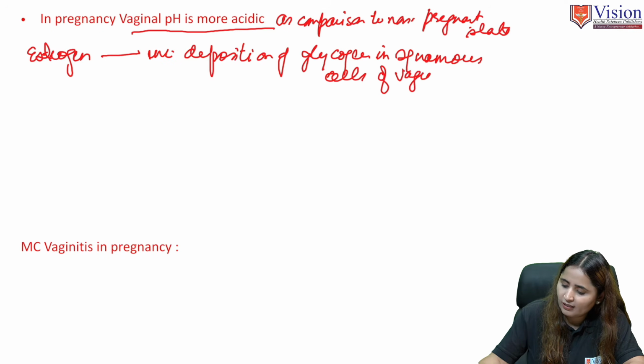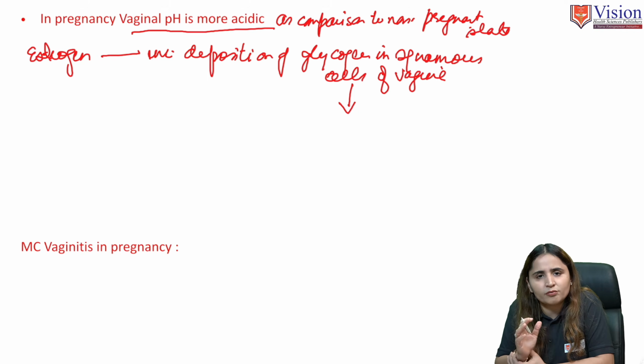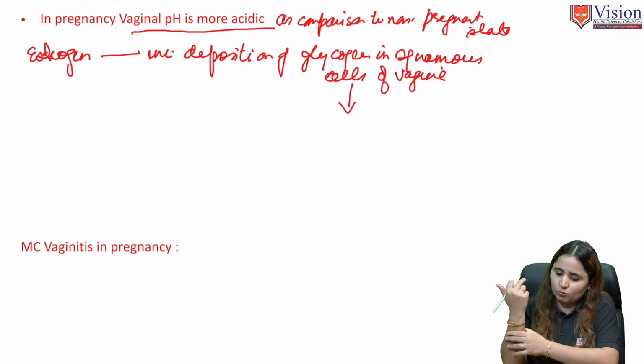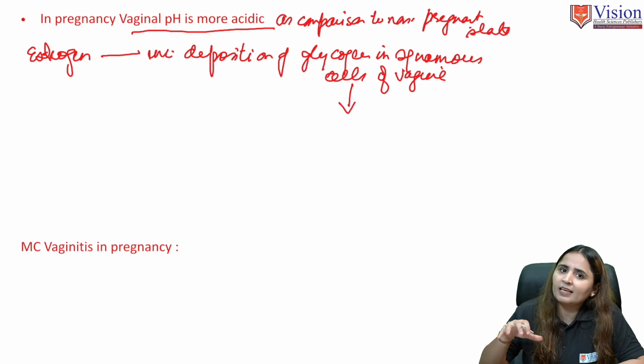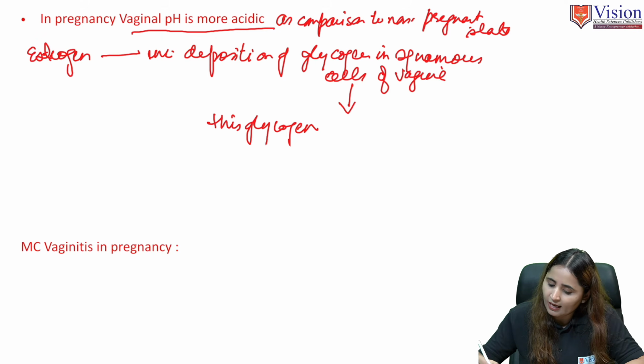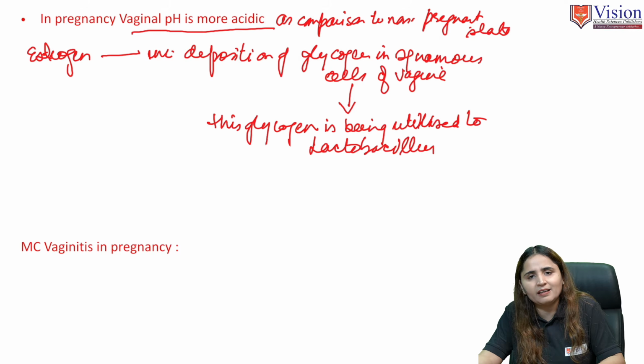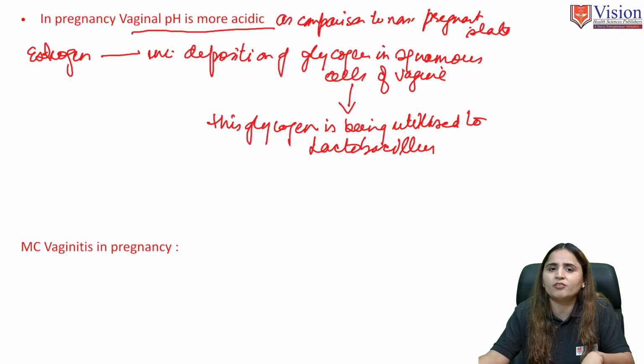As there is an increased deposition of glycogen in the squamous cells of the vagina, this excessive glycogen which gets deposited in the vagina is utilized by the lactobacillus. Lactobacillus is a healthy bacterium of our vagina.